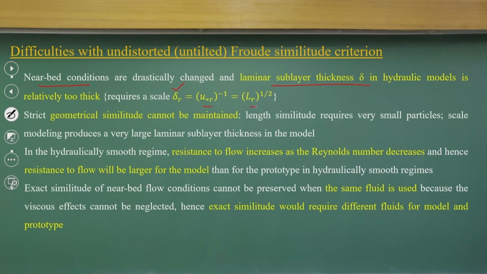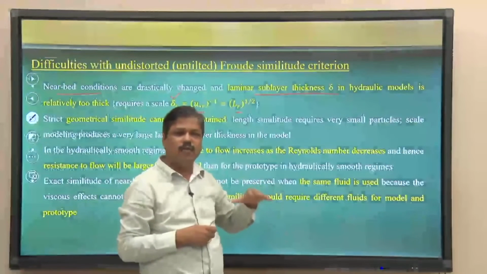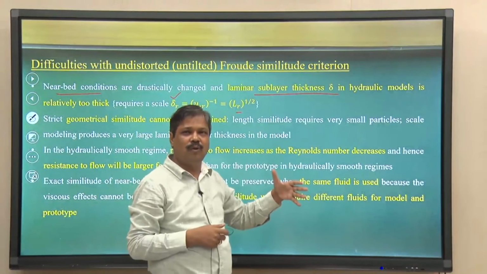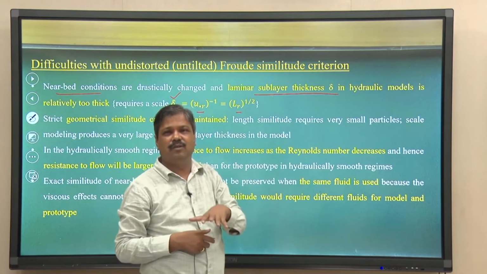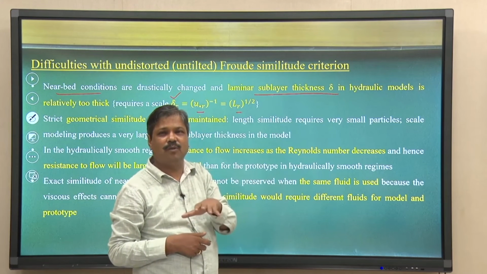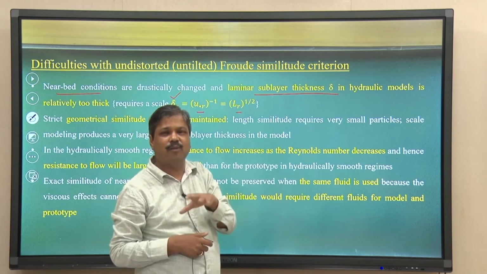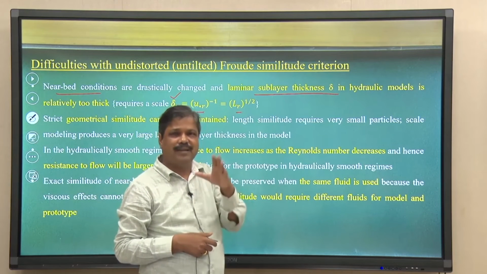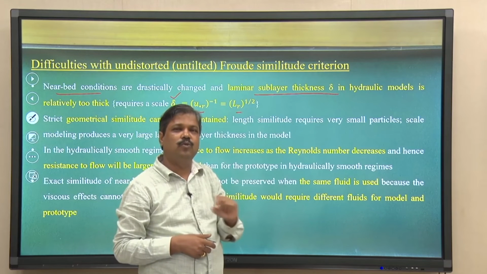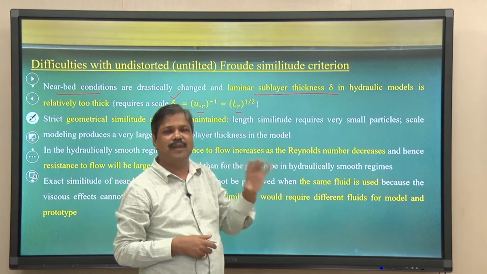So, just to repeat: when you try to make the flow behavior, what is happening at the river level, the same, you want to talk about near bed conditions, what is happening at the flume level at laboratory scales. What we need to look at is the thickness of the laminar sublayer.